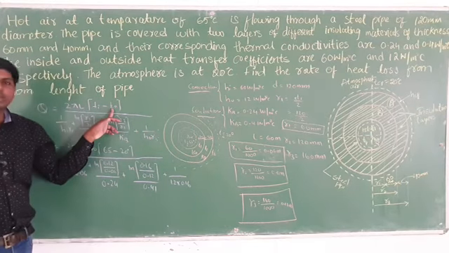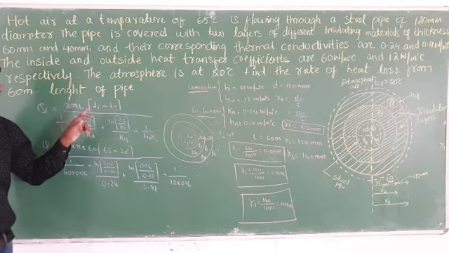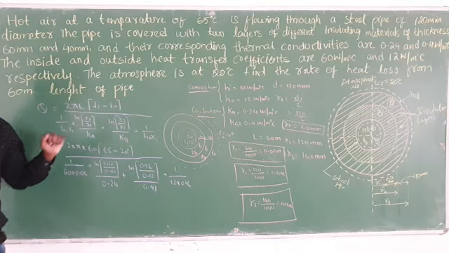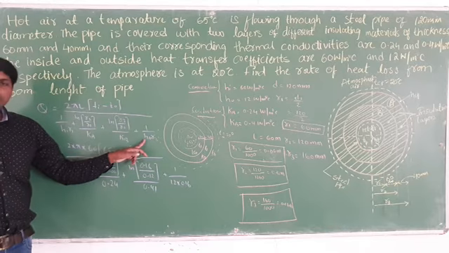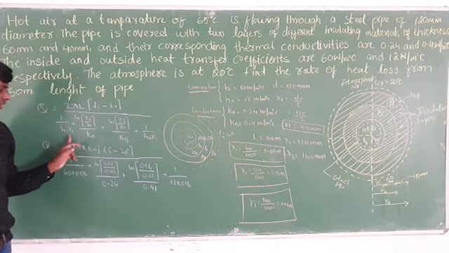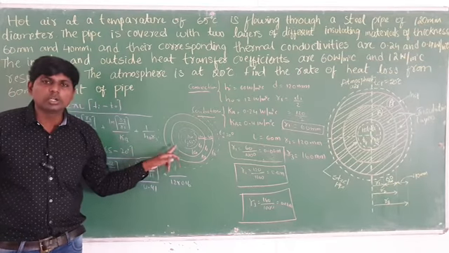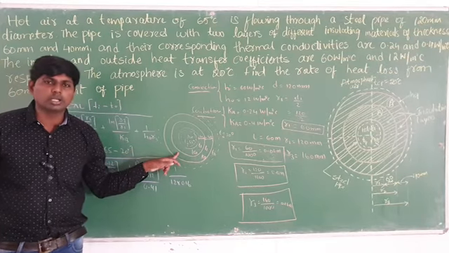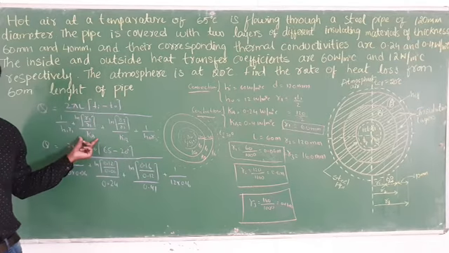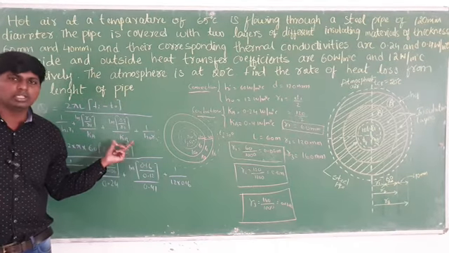After that 1 by Hi Ri, and 1 by Ho R. This is convection, this is convection. How many materials are in between? Two materials. The first material you name as A, the second as B.